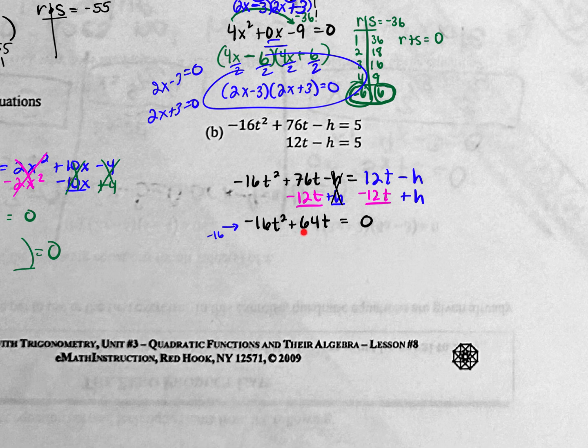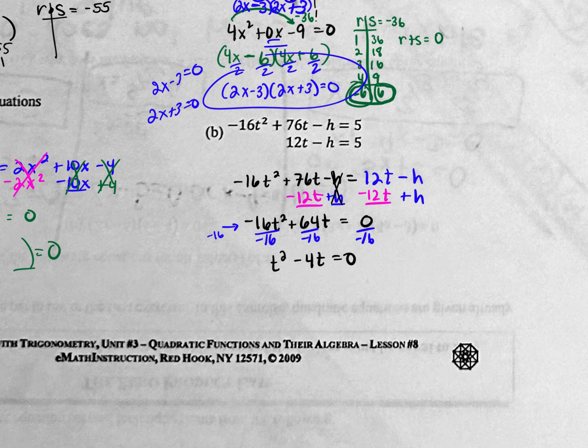And I happen to know that 64 is also divisible by 16. So what we would do here is divide this side by 16, this side by 16, and this side by 16, or -16. And I want the negative because now I get a lead that is +1 instead of a -1. This becomes -4t equals 0.